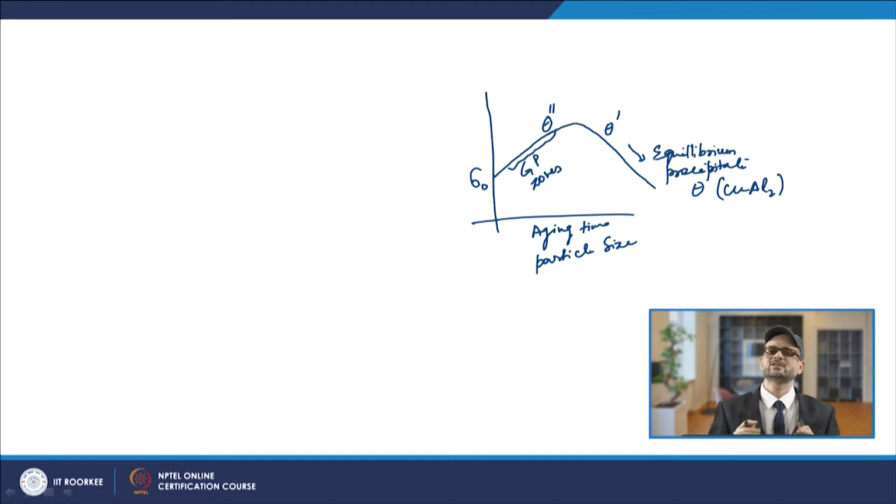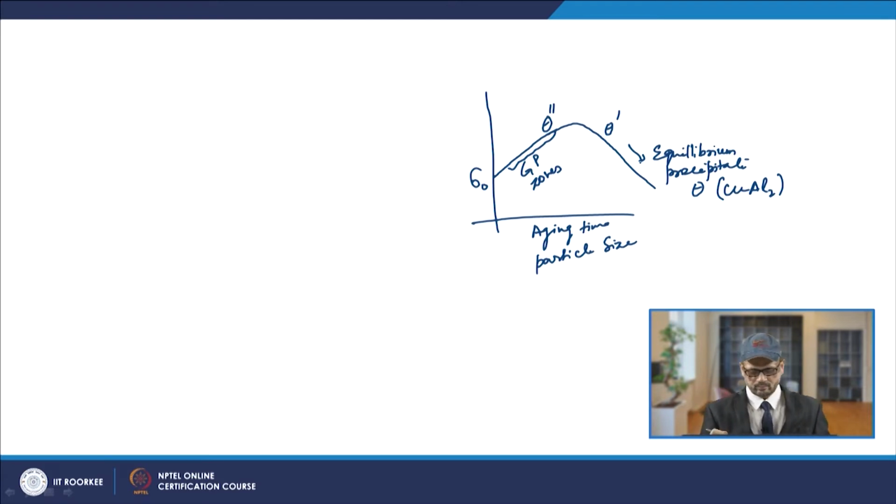Now, about this coherency: if you age for a larger time, the particle size goes on increasing, and after a certain stage this coherency is basically lost.